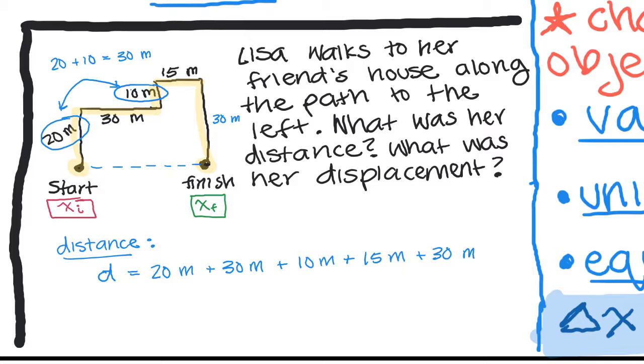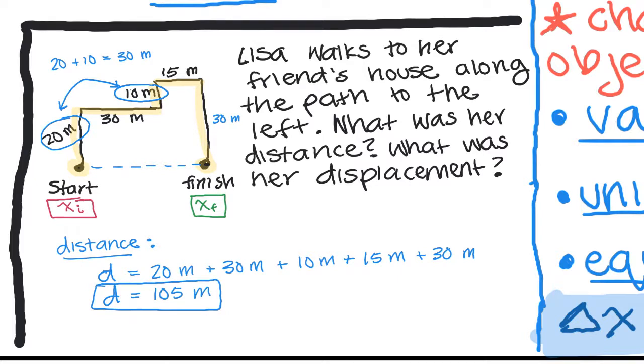So I'm going to add all of these together now to get her total distance. So 20 plus 30, I'm just typing this into my calculator, plus 10 plus 15 plus 30 equals a total distance of 105 meters.